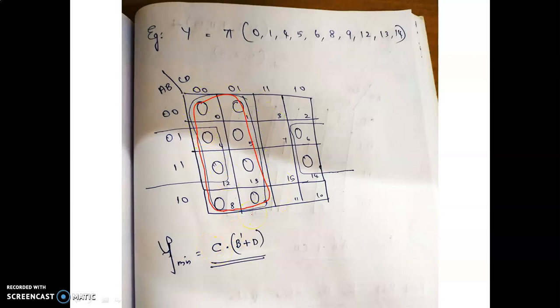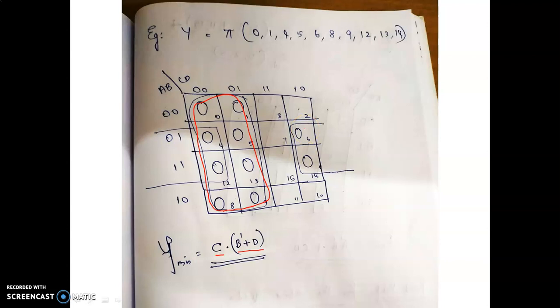Next, we are going to group these zeros. Before writing the representation of this group, you have to put a dot sign, because it is a minimized POS, product of sums. Each term will be a sum, and in between it will be a product. So what is the representation of this group? We have a chance of grouping as a pair, but check whether you can group it as a higher group.